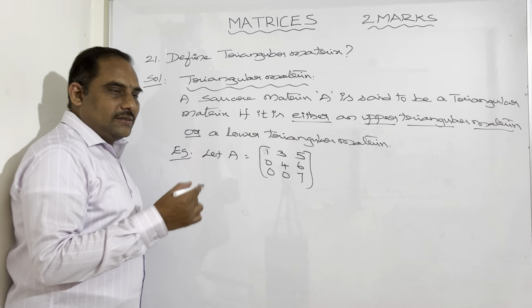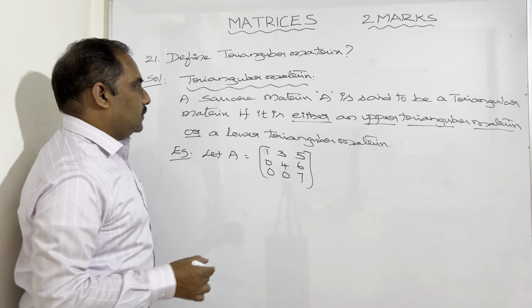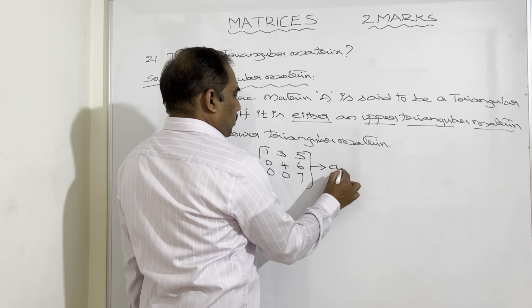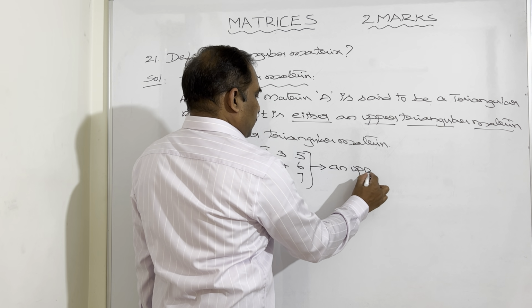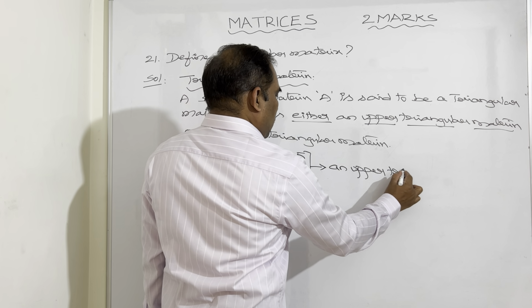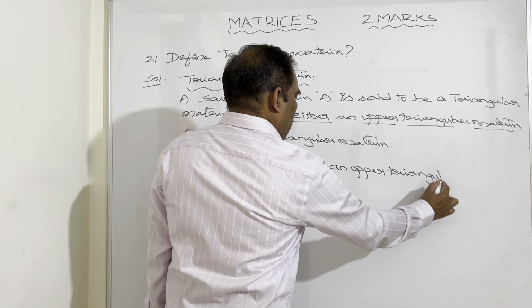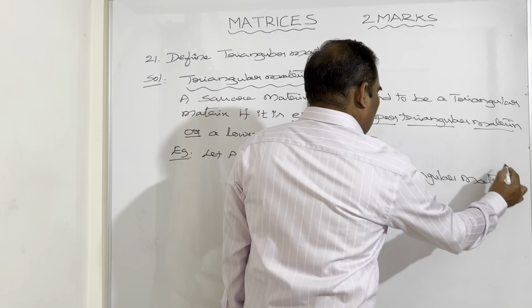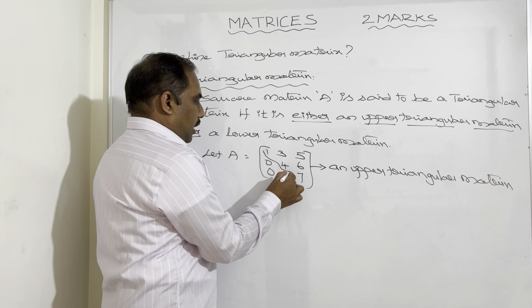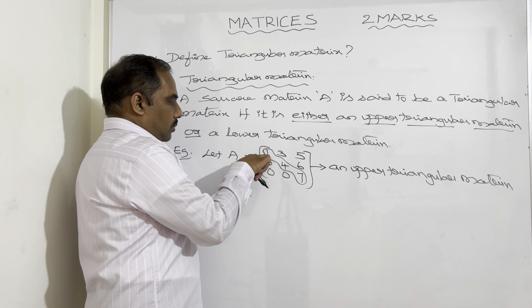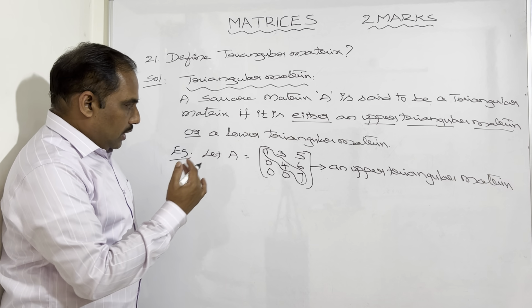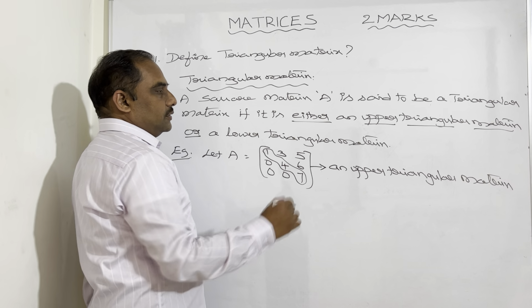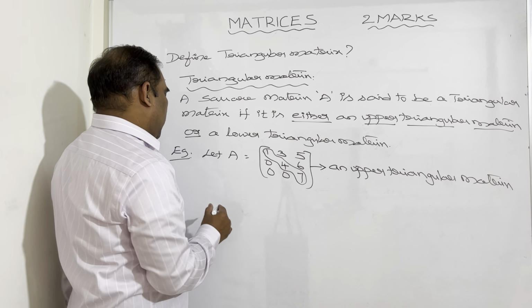Suppose the matrix is like this, which is called an upper triangular matrix. Why is it called an upper triangular matrix? The elements below the principal diagonal are equal to 0. This is the principal diagonal, and the principal diagonal elements are 1, 4, 7. Below the principal diagonal the elements are 0. Such a matrix is called an upper triangular matrix.